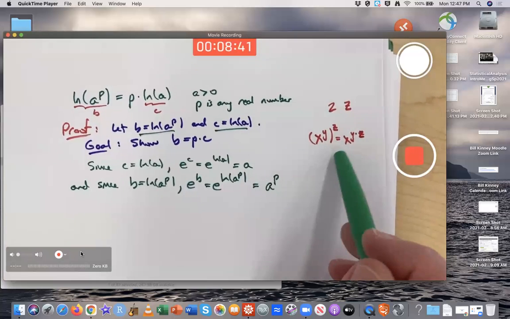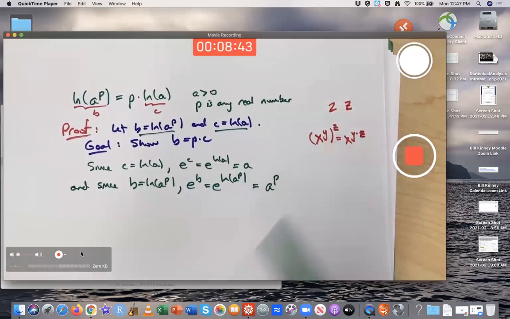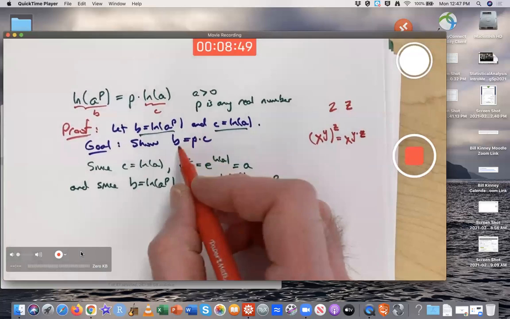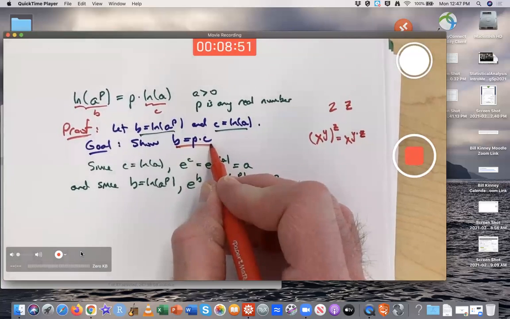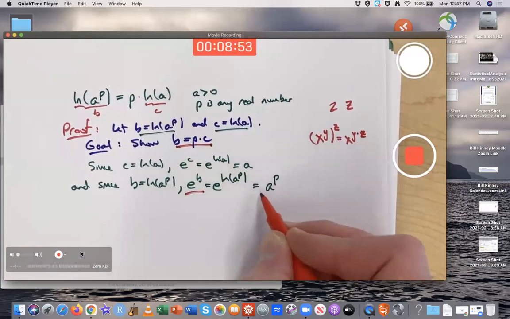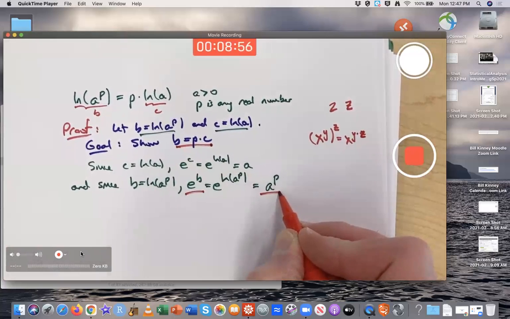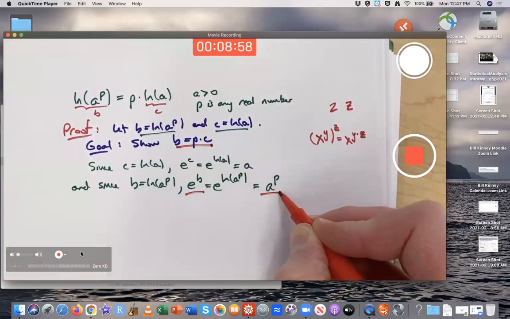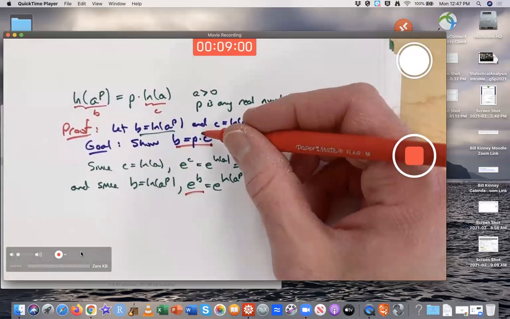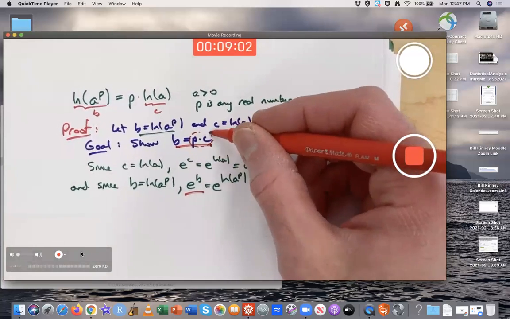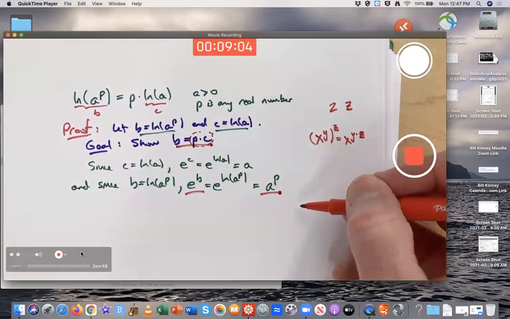I said you want to use this. I'm trying to think about what you're trying to show. I'm trying to show b equals p times c. And here I'm saying e to the b equals a to the p. If you could show e to this power also equals a to the p, wouldn't that do it?